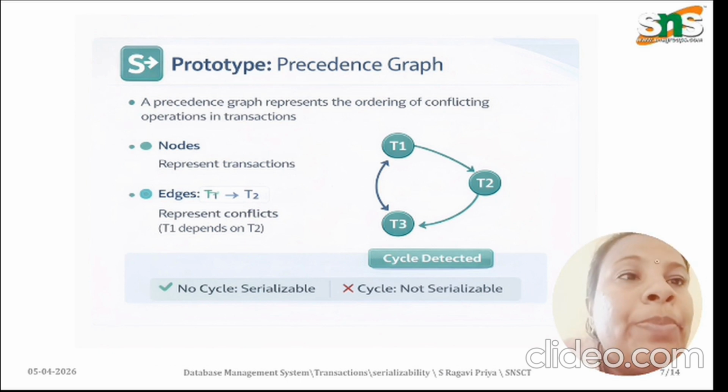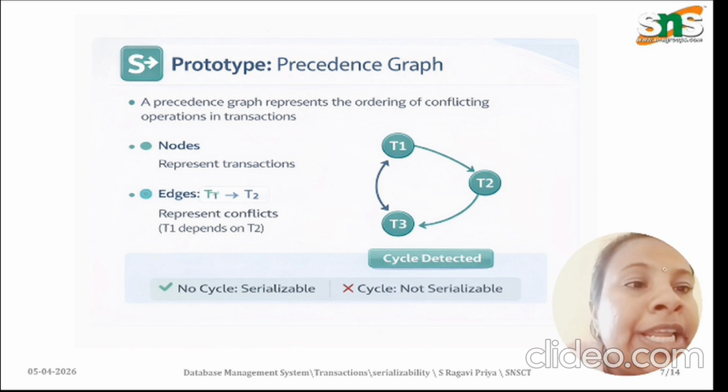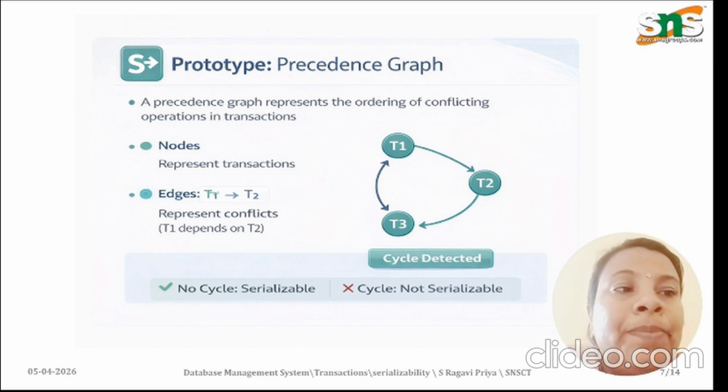So precedence graphs. A precedence graph represents the ordering of conflicting operations in transactions. Nodes represent transactions. Edges, T1 to T2, represent a conflict, so T2 depends on T1. No cycle means serializable. If there is a cycle, it is not serializable. In this transaction, a cycle is detected.